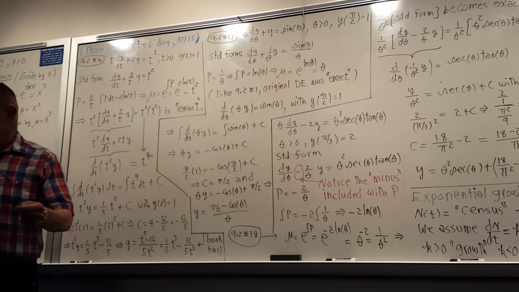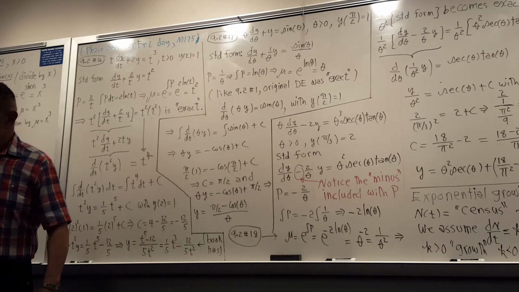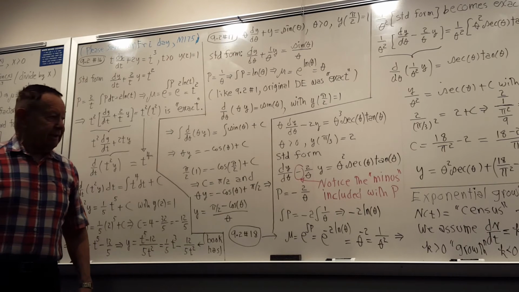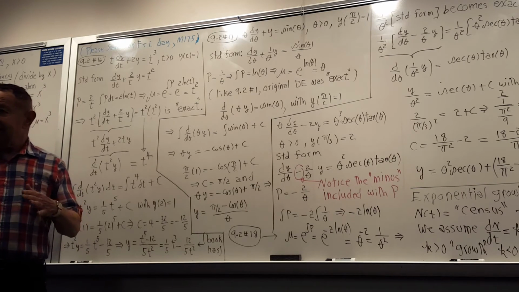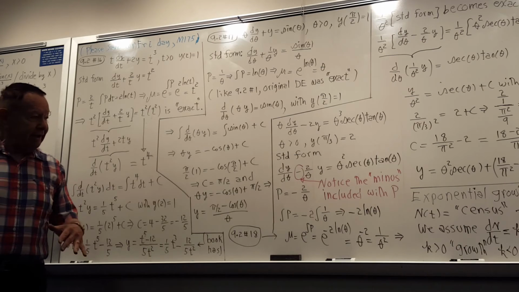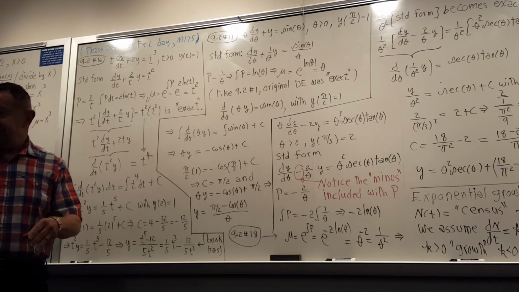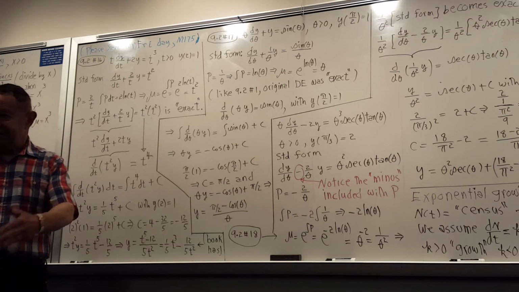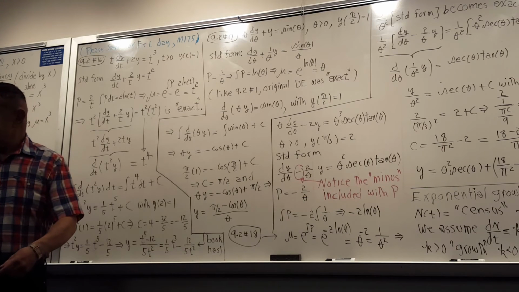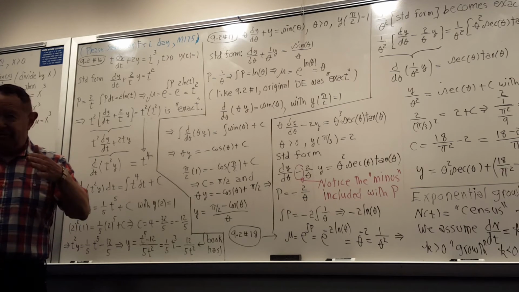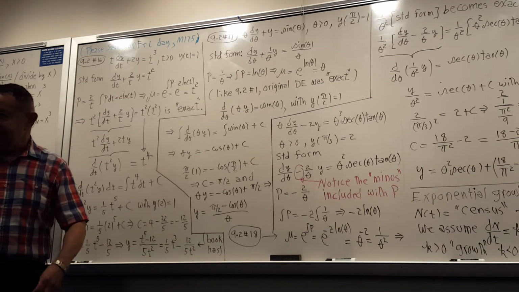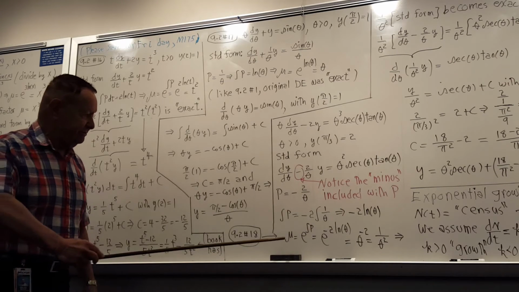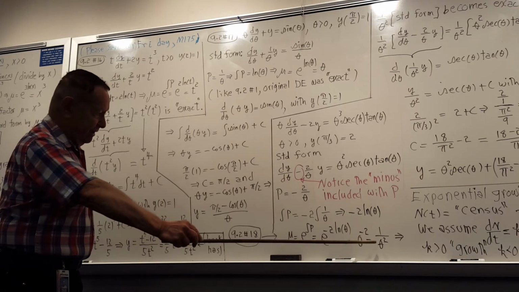Notice that's log of theta to the minus 2 power in your rules of logs. So e to the log of theta to the minus 2 would be theta to the minus 2. So the integrating factor is 1 over theta squared, theta to the minus 2, as I've written it here.